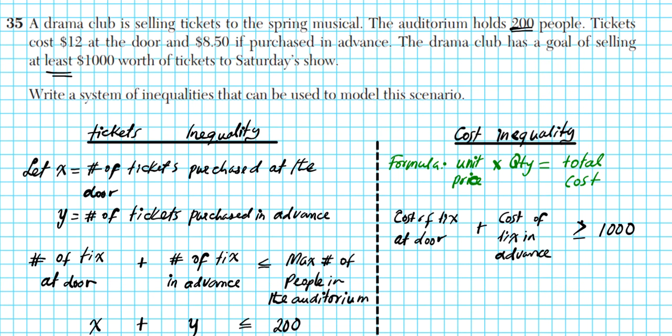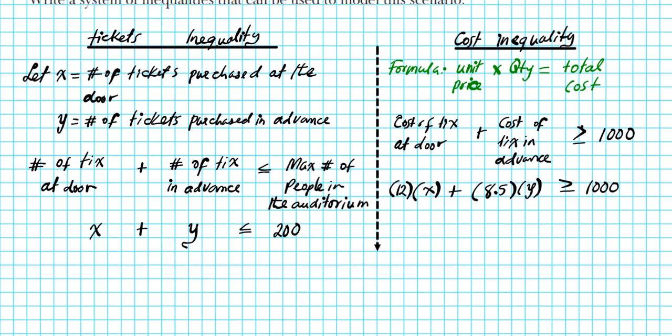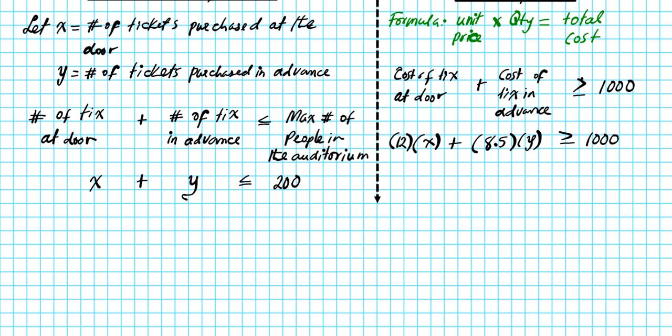Okay, so cost of tickets at the door is the unit price of $12 multiplied by the number of tickets sold at the door, which is x. Cost of tickets in advance, the unit price is $8.50 multiplied by the number of tickets sold in advance, y, and that should be greater than or equal to 1,000. Okay, so now we just combine these two to generate our system of linear inequalities, which is x plus y less than or equal to 200.